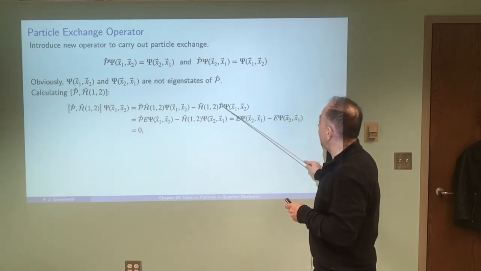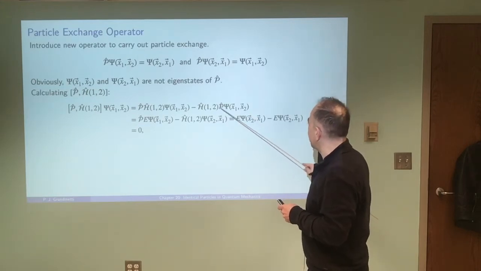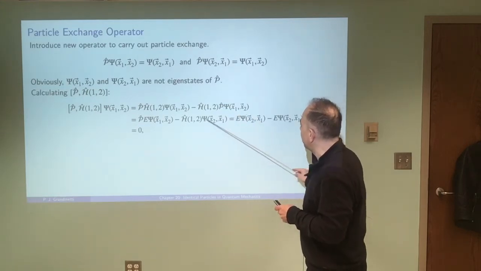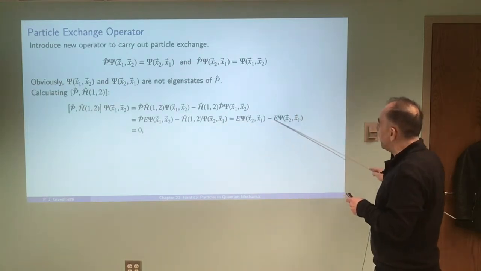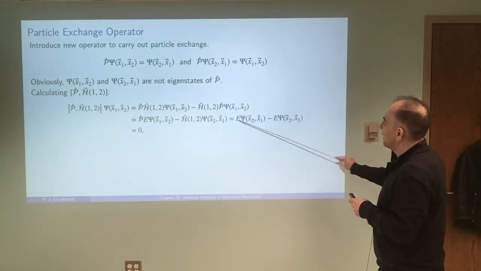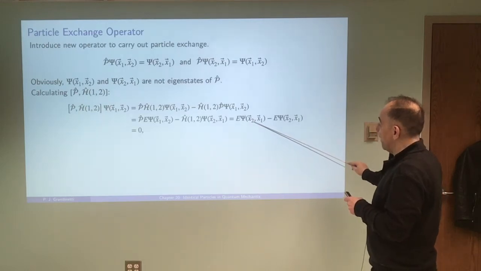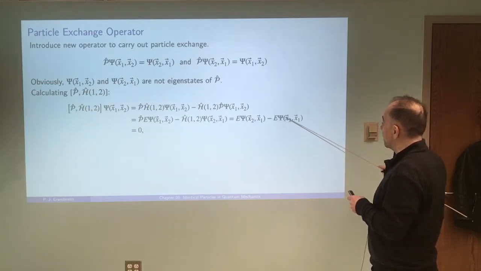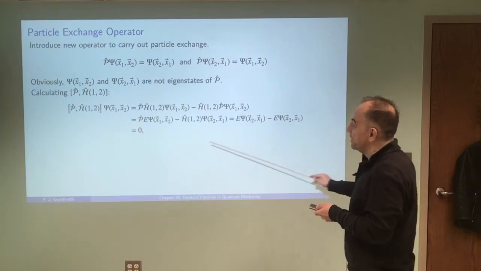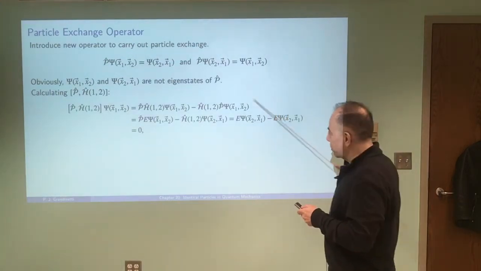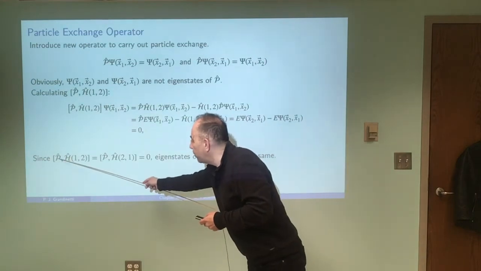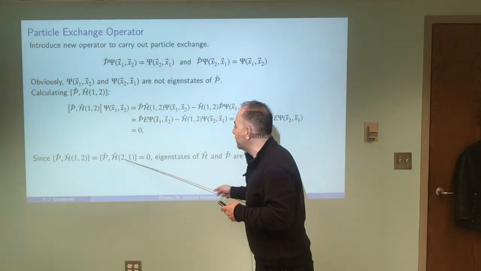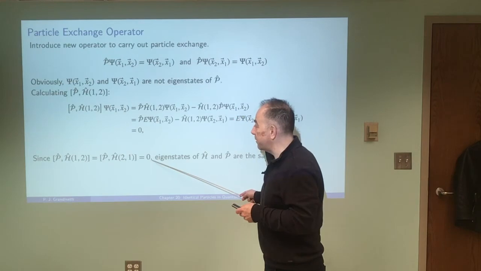Here, I can evaluate this permutator, this particle exchange operator, and then evaluate the Hamiltonian on this. And what I get back is E times psi of x2, x1 minus E times psi of x2, x1. I get back 0. So just look through that carefully. But you see that the commutator of the particle exchange operator with the Hamiltonian is always equal to 0.